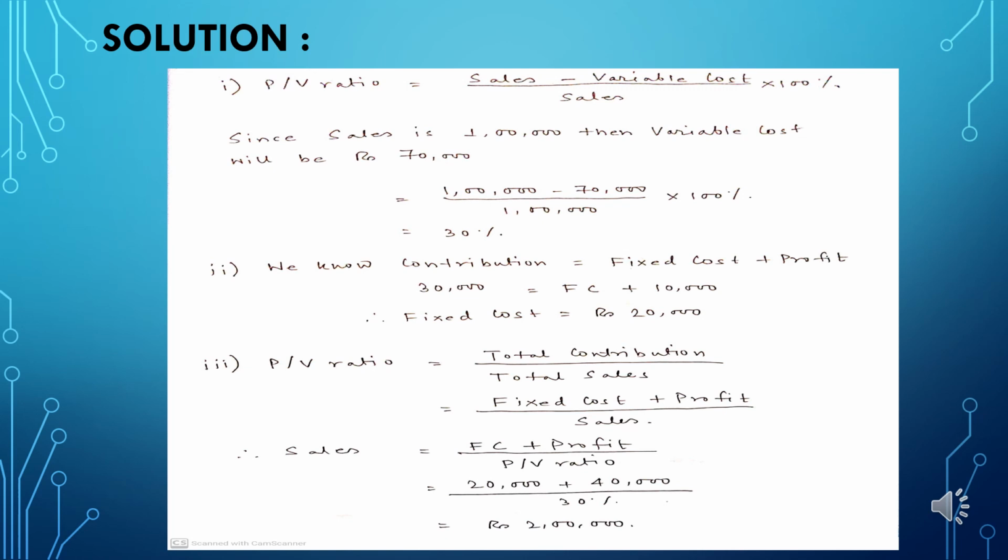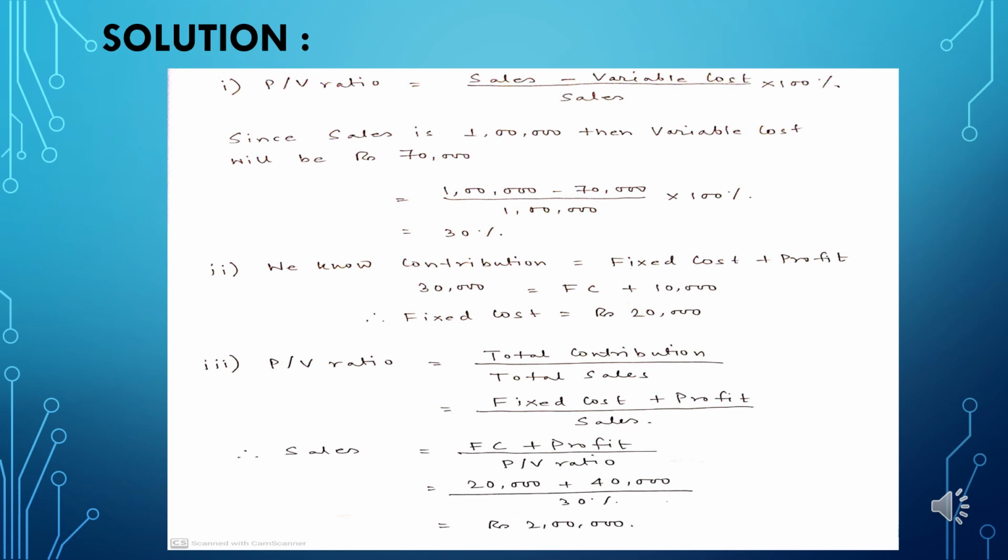Again, if we need to find out the sales, we need to transform a certain formula: PV ratio is total contribution divided by total sales. Total contribution can be changed into fixed cost plus profit divided by sales. If we interchange the places of PV ratio and sales, we get sales equals fixed cost plus profit divided by PV ratio.